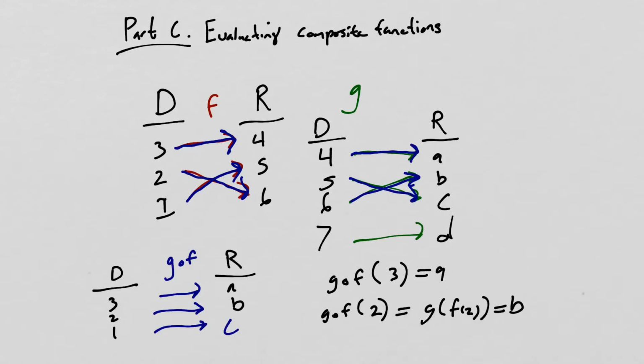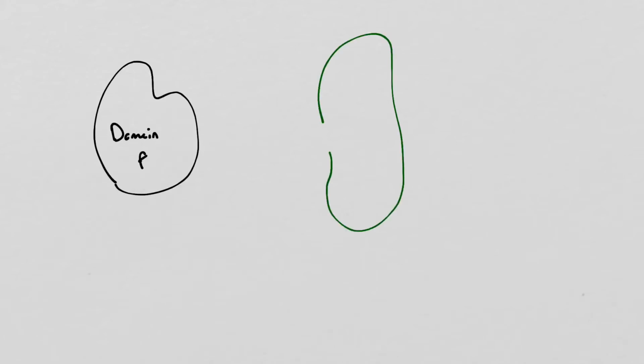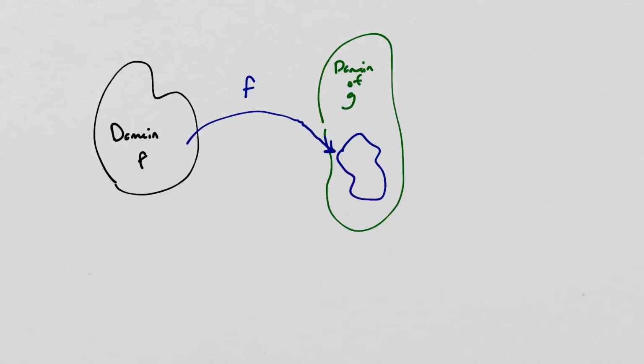A helpful picture to hold on to whenever you're thinking of the domain of composite functions is the following. Here we have our domain of f, and over here we have our domain of g. Under our function f, f takes the domain of f to the range of f, and the range of f has to be contained inside our domain of g.